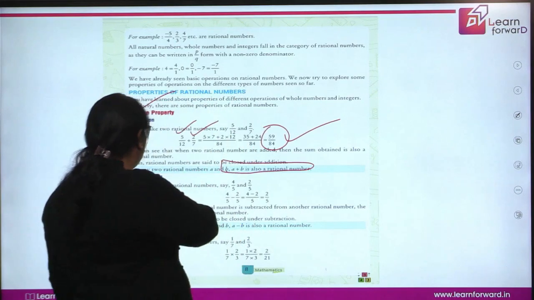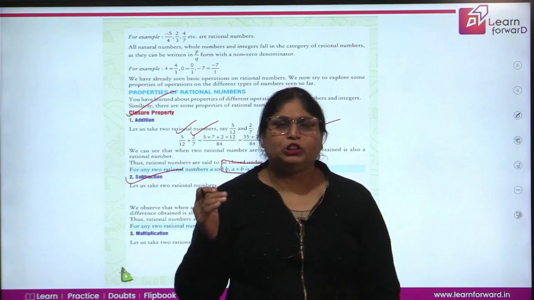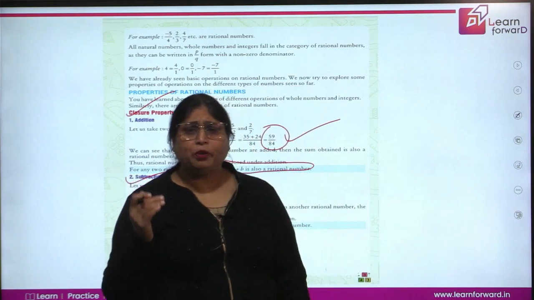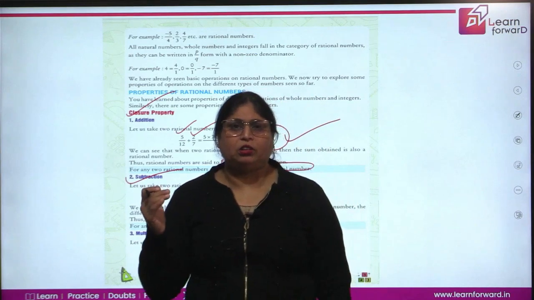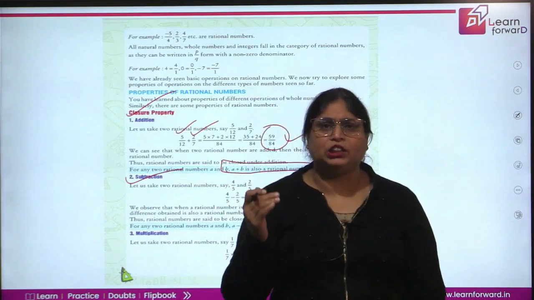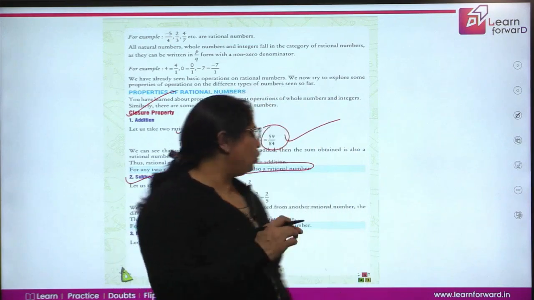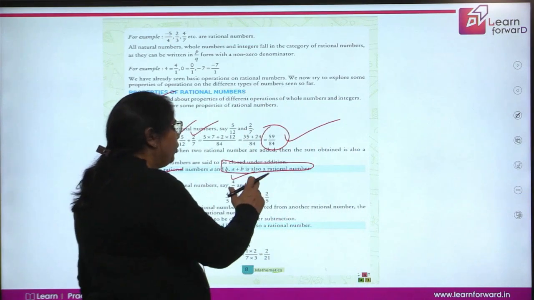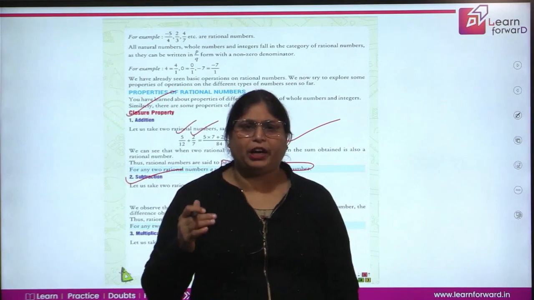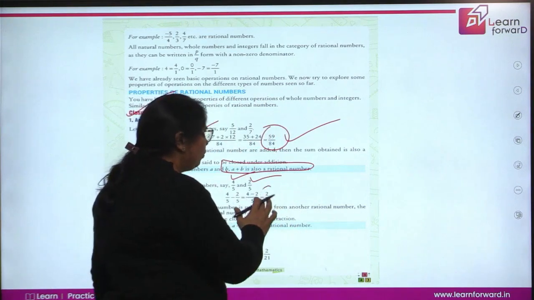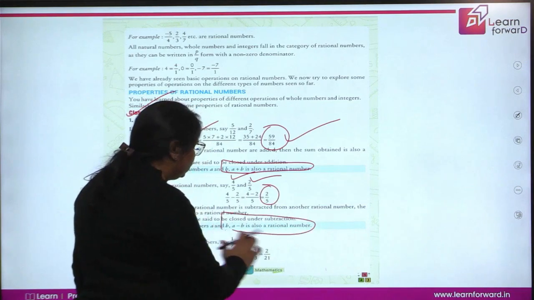The next property is subtraction. Whether it holds good for rational numbers or not. The closure property for subtraction states that if we subtract any two rational numbers, the answer is always a rational number. Here we are taking the example 4 upon 5 and 2 upon 5. These are the two rational numbers we are subtracting, and the answer is 2 upon 5, and it states that a minus b is always a rational number.